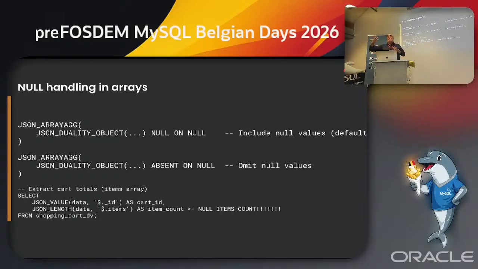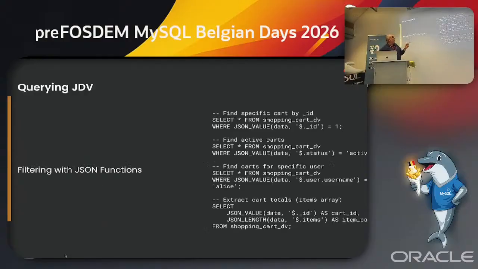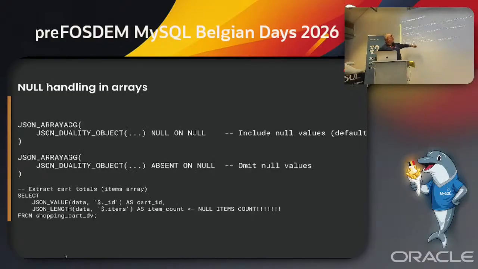I would have a null element in my array. This means that in some cases I can make this query return 1 for empty carts, while it should return 0. So in those cases, you need to define the array as absent or null. This will return an empty array, not an array that contains a null. So here, the null items can be counted.